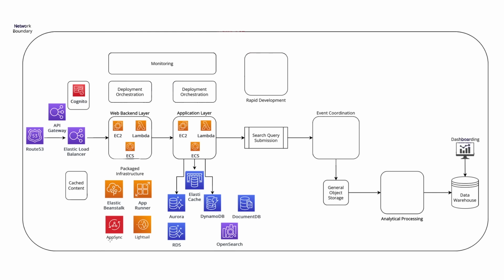Now, one other thing to mention is cached content. For many of these web applications, you're going to be serving different types of cached content, whether that be image files, your JavaScript, your HTML, your CSS, anything that you may want to cache and put close to the end user so you can get better performance. And for that, you're going to be using a service called Amazon CloudFront.